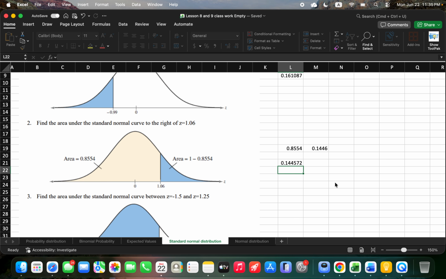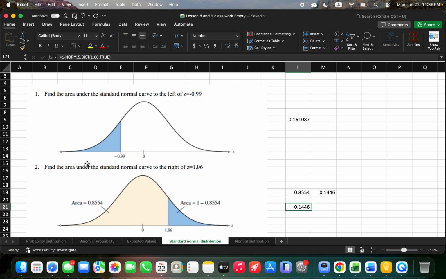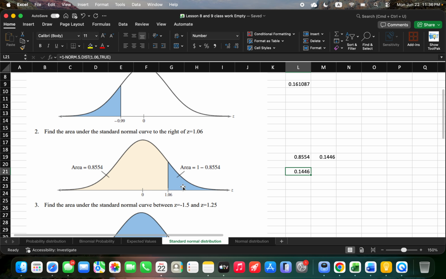Then you will get exactly the same as before. So if it is shaded on the left side, you just read it. If it's on the right side, then you subtract that from 1 basically.